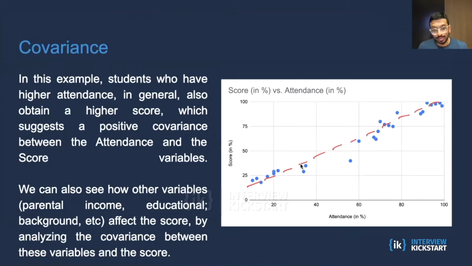So one thing we could do is look at all of these independently. In place of attendance on this x-axis, we could replace it with parental income. We could replace it with parents' educational background or maybe years of education if we were looking for a numeric value. And then we could find the covariance between each of those variables and the score. And then we could see whether they have positive or negative values or whether they have no impact at all.